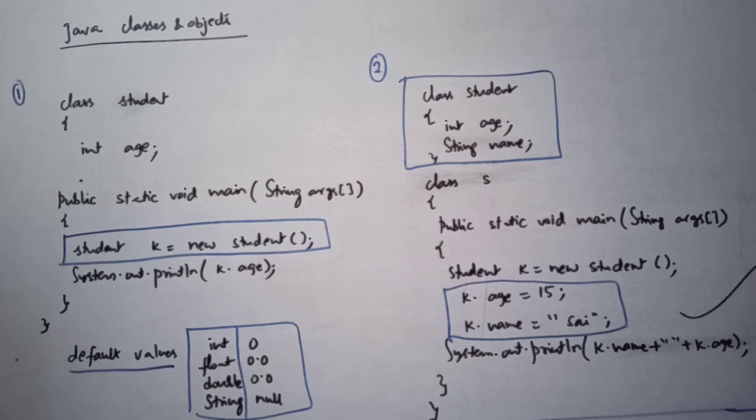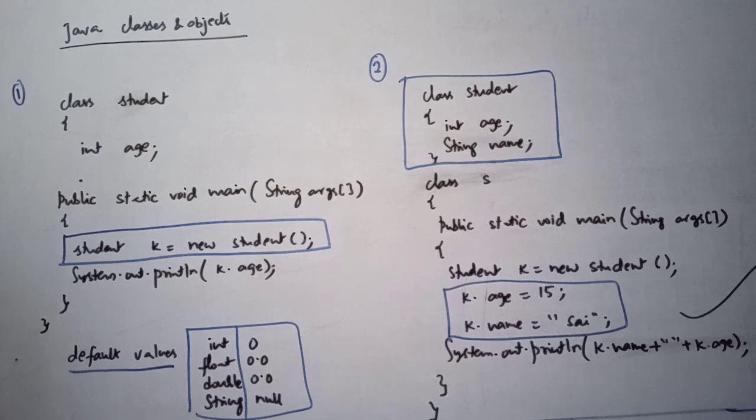Class name, object name is equal to new class name. You need to access either data or member functions, methods, with the help of the object only: k.member data, object.member functions.